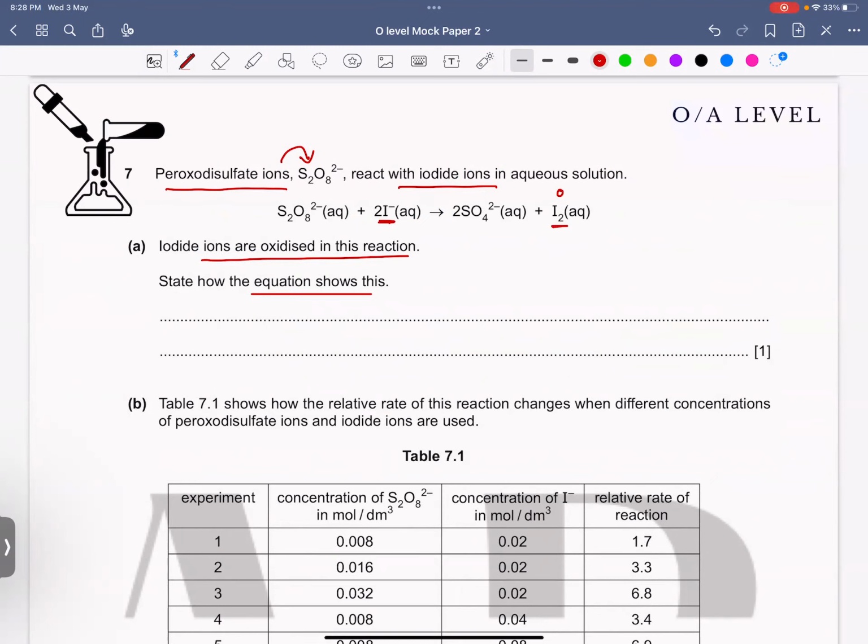So the oxidation number of iodine is changing from -1 to 0, which indicates that iodide ion loses electrons.